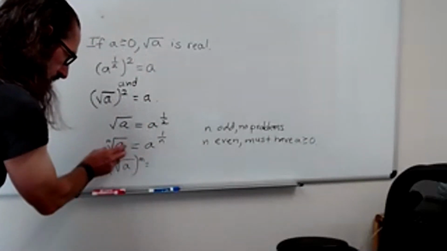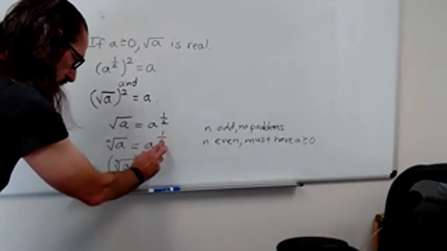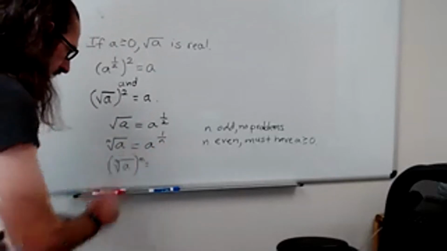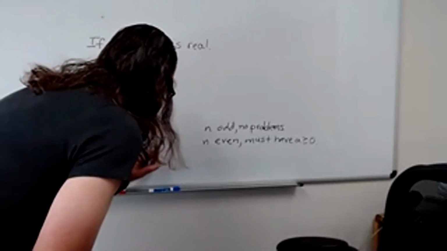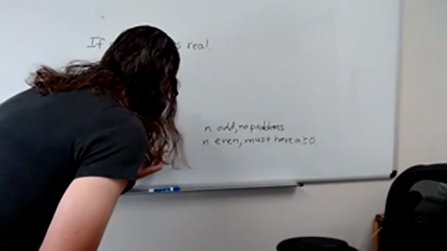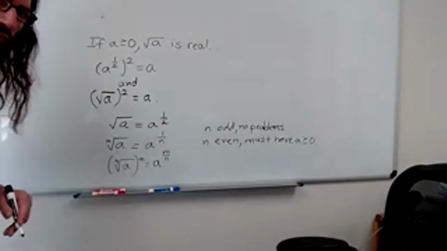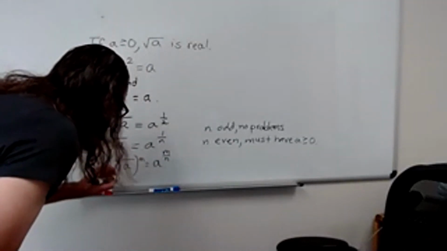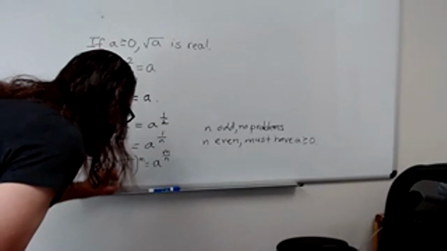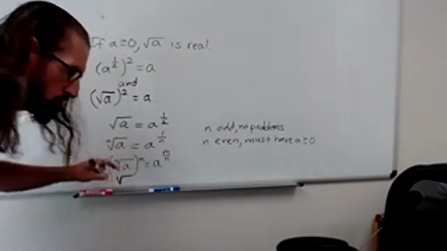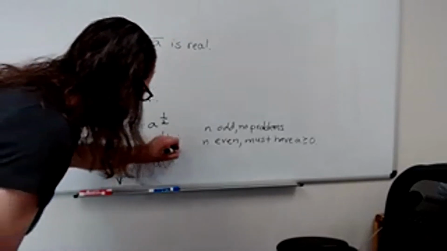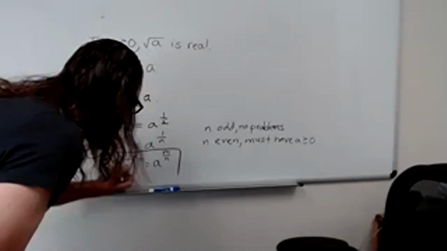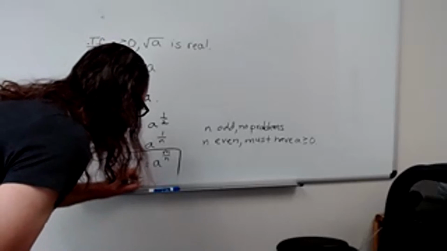When we rewrite the nth root of A as A to the 1 over n, multiply that 1 over n exponent by m and get a single fraction. Then we'd have A to the m over n, and that would also be equivalent to this, provided the first way of writing it, the nth root of A, is real.